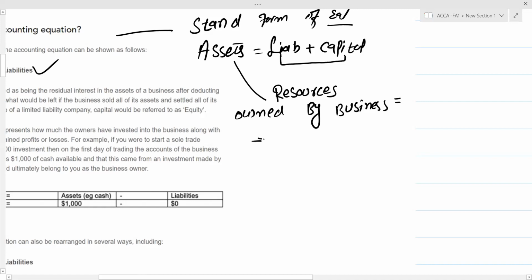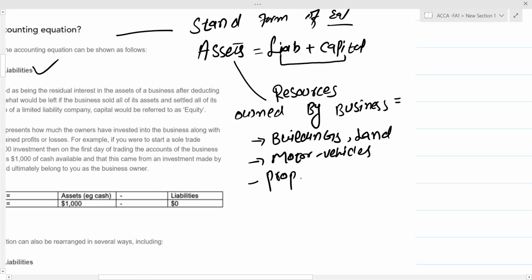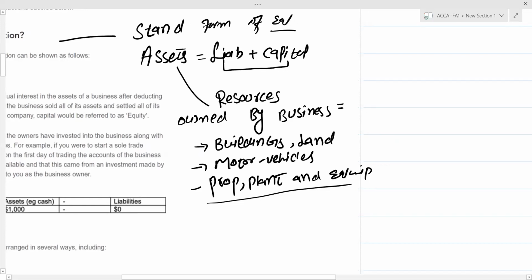For example, a business has buildings, motor vehicles, land and building, property, plant and equipment, and so on. There are a number of types of assets. I will discuss all the types of assets under the heading of assets, when we will be studying what are the assets, what are the liabilities, and what is the capital.